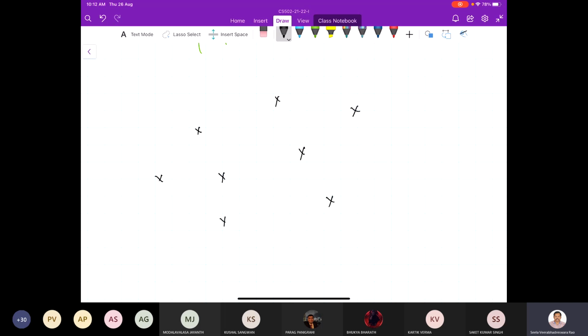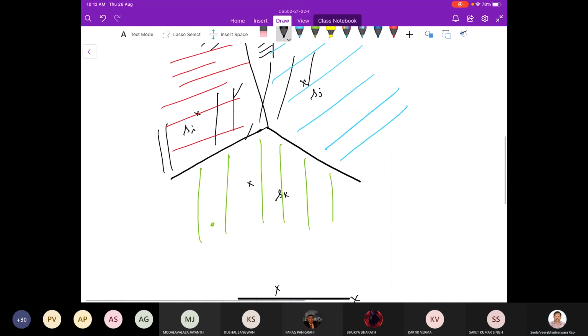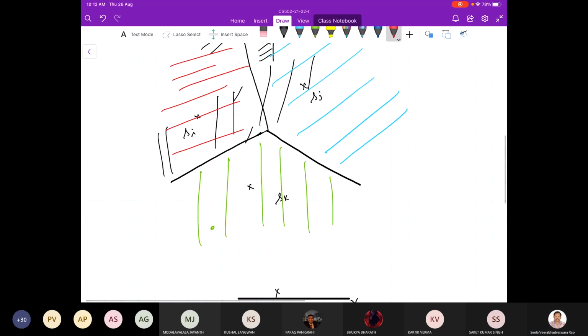Simply, you draw bisectors. See, I forgot to tell one point here. The intersection between the three bisectors, what is this point? This point is equidistant from the three sites.